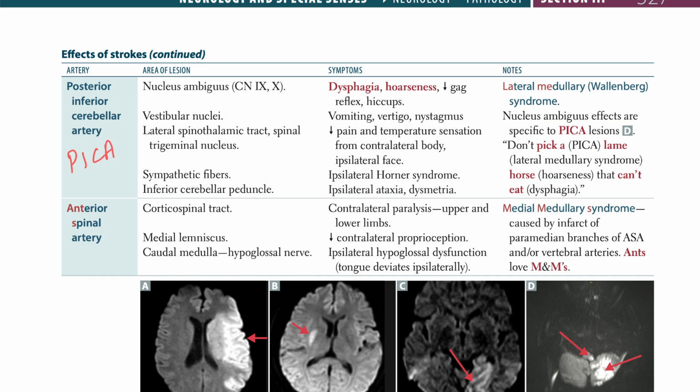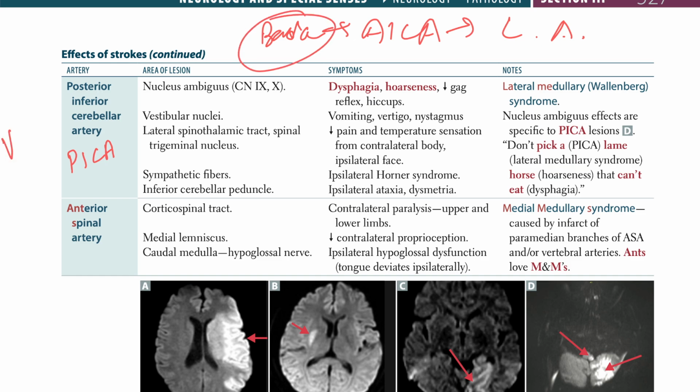We said the basilar was giving rise to ICA, and ICA was then giving rise to the labyrinthine artery, right? Here, PICA and the anterior spinal arteries are not from the basilar artery, but from the vertebral artery. The vertebral artery gives rise to PICA and ASA, which is the anterior spinal artery.